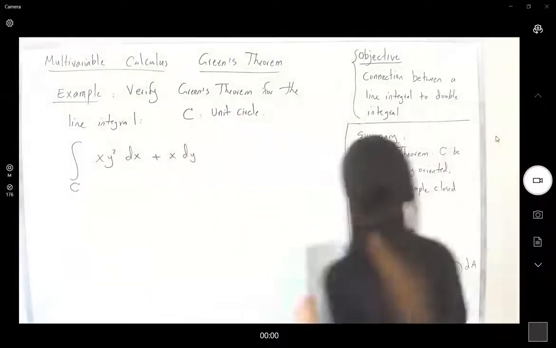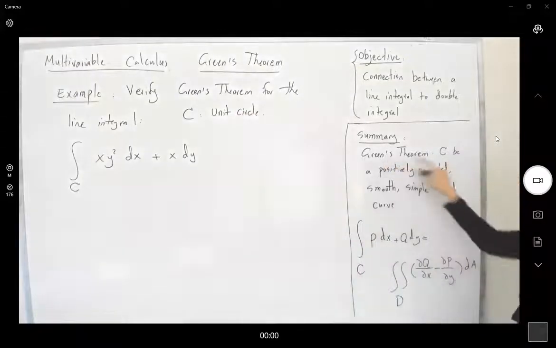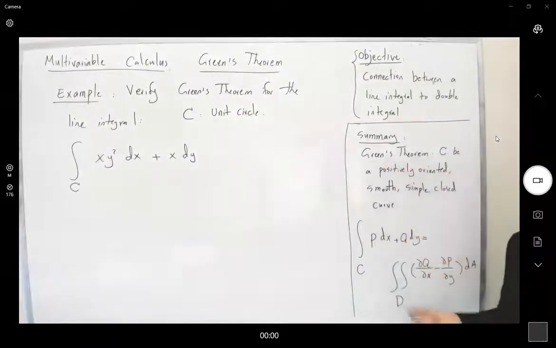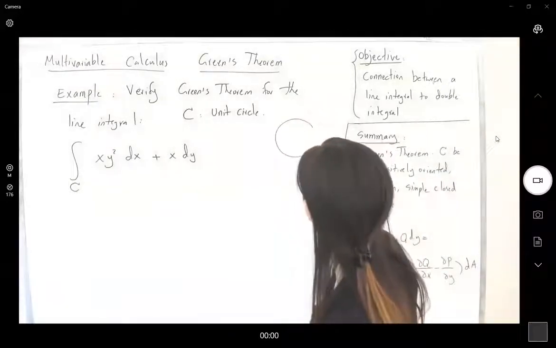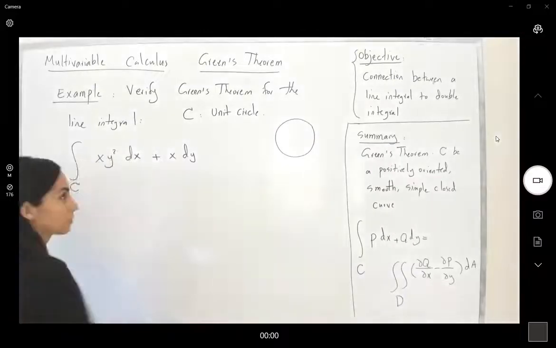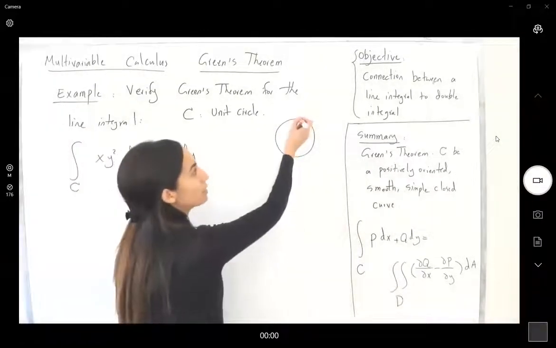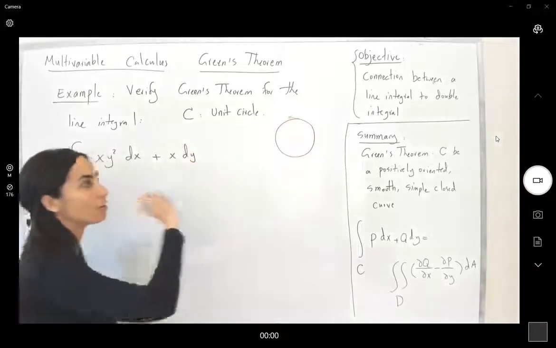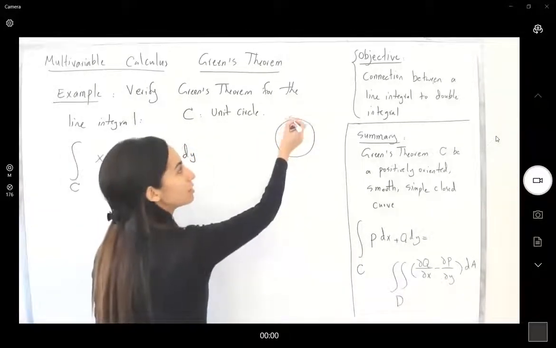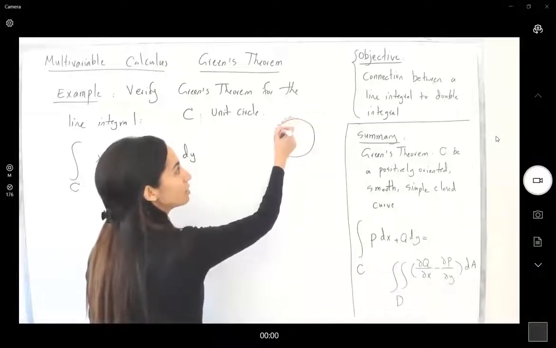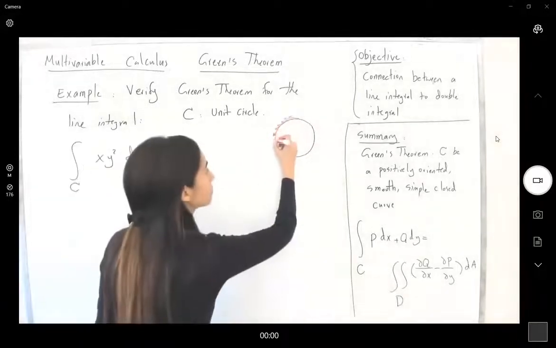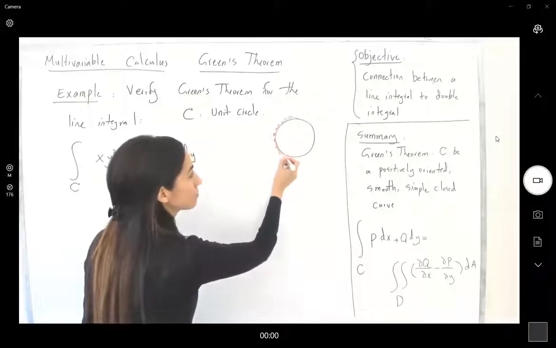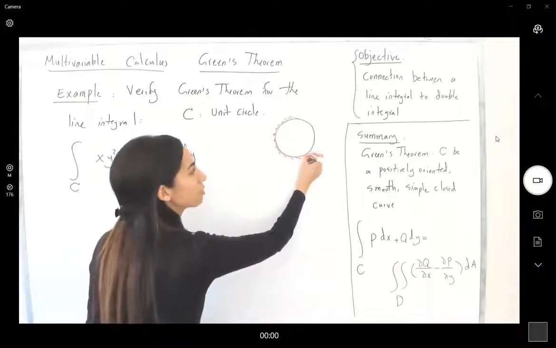Very well. Let's check to see if C satisfies the conditions for Green's theorem or not. So C is just a unit circle. It's positively oriented, counterclockwise. It is smooth. It means that if you just use a tangent vector at any point on this circle, we can move it continuously without any pulling away from the circle.